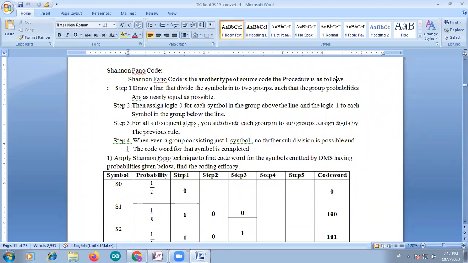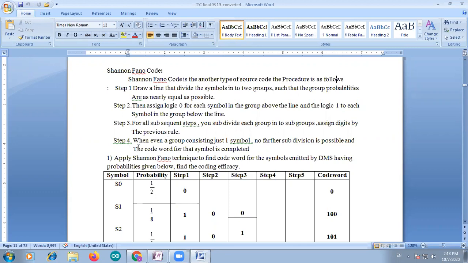Now, the fourth one is, when a group consists of just one symbol, no further subdivision is possible and the code word for the symbol is completed.